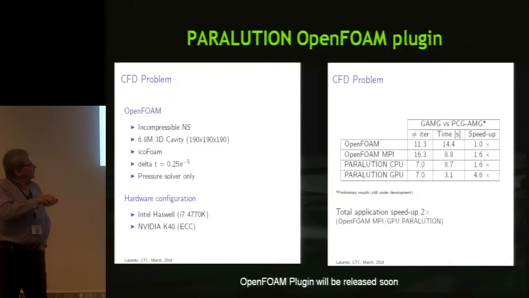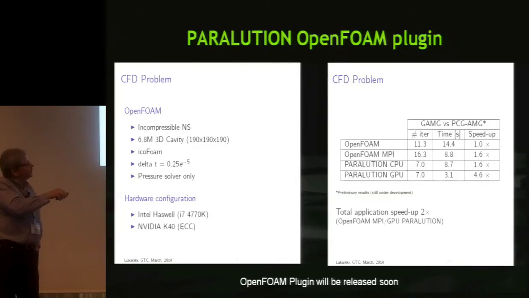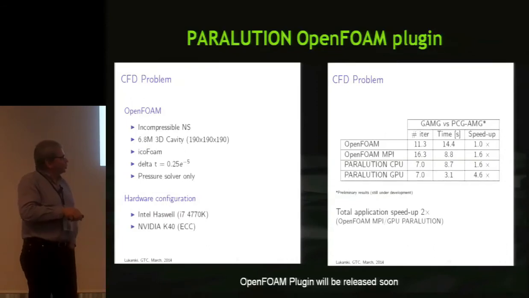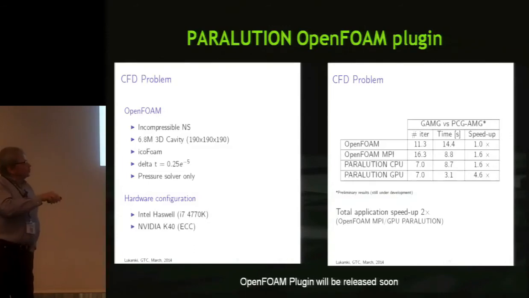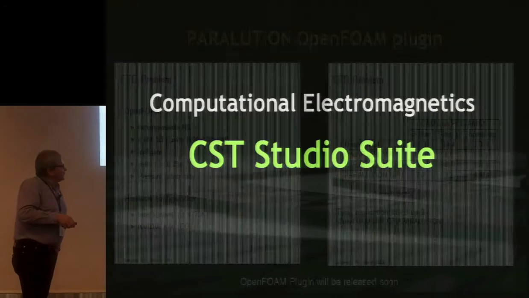So you see here a speed up, where you're running OpenFOAM on a single core, then OpenFOAM on 4 cores, the PARALUTION CPU version, and at the end the PARALUTION GPU-based version, and you get around a factor of 2 with the GPUs added in these cases. So the OpenFOAM plugin will be released very soon in the summer time frame, as the developers mentioned.